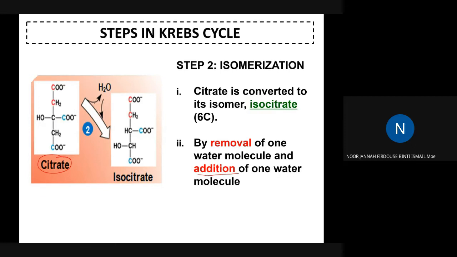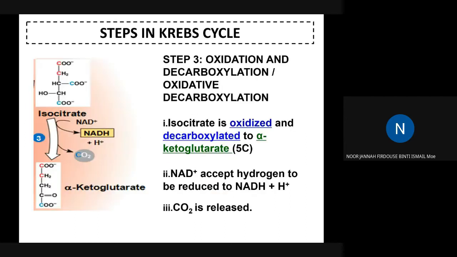So water molecule will first be removed and then added to form bonds, because it needs to rearrange the atoms in the molecule. So we can use the word isomerize, or converted to its isomer, isocitrate. If we use isomerize, we directly say citrate is isomerized to isocitrate.